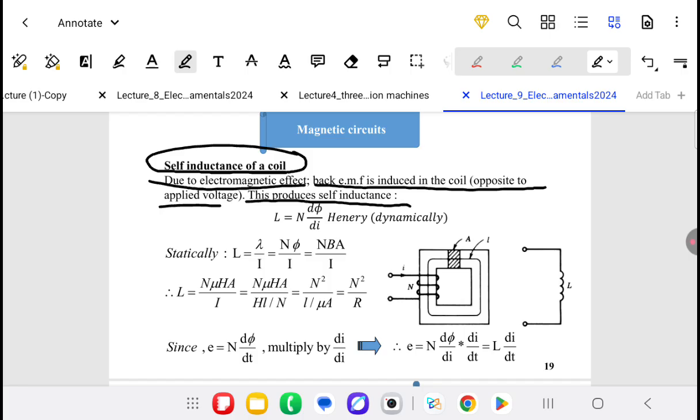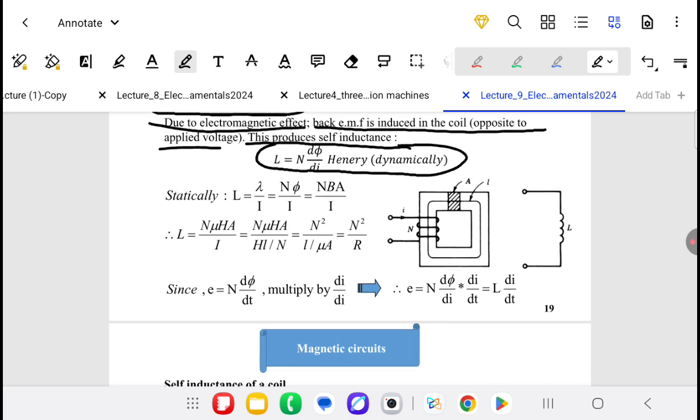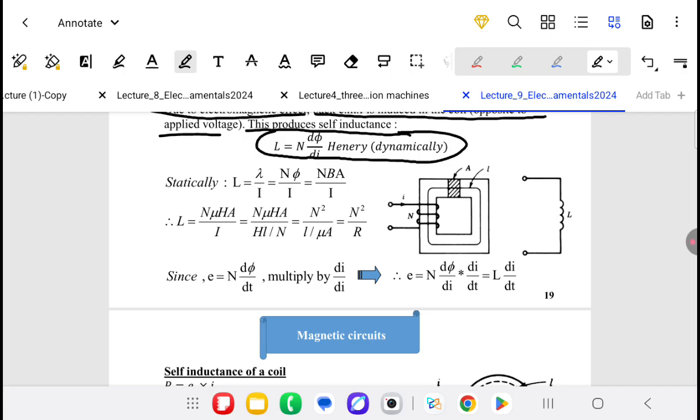The self-inductance can be obtained by using this dynamic equation, n d phi by di, which depends upon the rate of change of flux with respect to current. The flux and current are the flux and current of the same coil. Then this is called self-inductance, or the inductance of the coil due to its current and the changing flux.